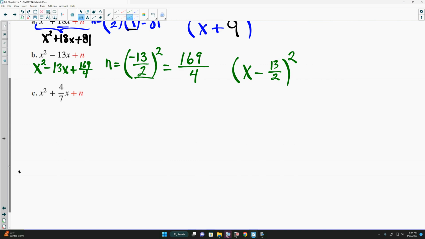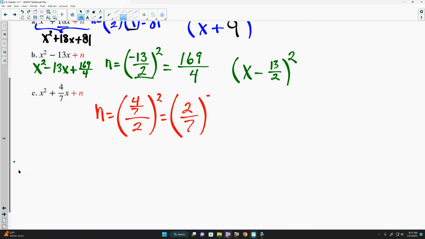And it still works the same with fractions, because we can say here n is equal to b, which is 4/7, over 2 squared. Now at this point, we can do 4/7 over 2. We can plug it into a calculator to see what this is. And it actually reduces to 2/7. And if we square this, we get 4/49.